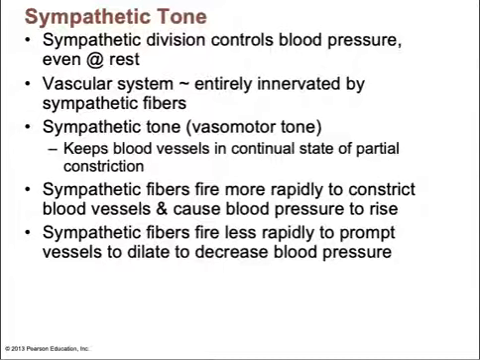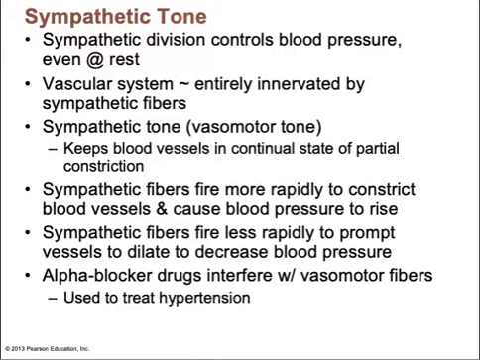Reduction in sympathetic tone lowers the blood pressure. Okay, so it's either more or less sympathetic innervation. Sympathetic fibers fire more rapidly, causing BP to go up, and less rapidly, causing it to drop. Sometimes we use alpha blockers to interfere with vasomotor fibers in order to treat conditions like hypertension, right, where your blood pressure is high all the time.